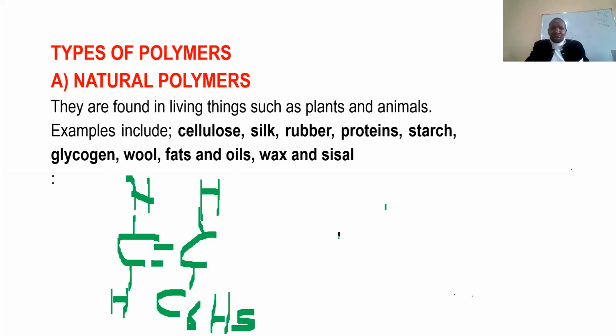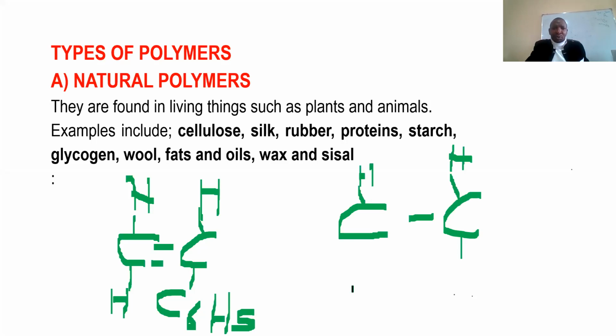You simply repeat. You just repeat what I have written here. From a double bond it becomes what? Single bond. Then you just repeat what is written here. Here there is hydrogen, just like that. Here there is hydrogen. Here there is hydrogen. What is written here? C what? 6. C6.